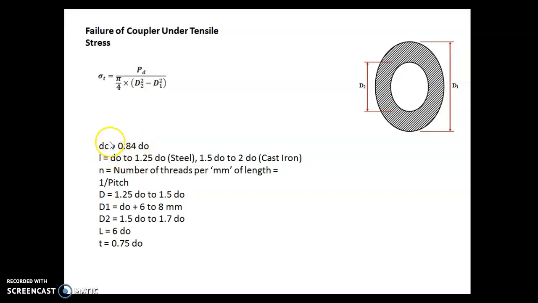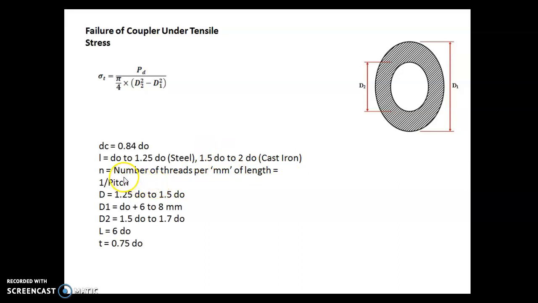Okay, first we know the value of DC, from that DO value can be calculated. Now once the nominal diameter value is calculated, the small l value can be calculated, that is small l value will be in between DO to 1.25 DO for a steel, and in between 1.5 DO to 2 DO for a cast iron.